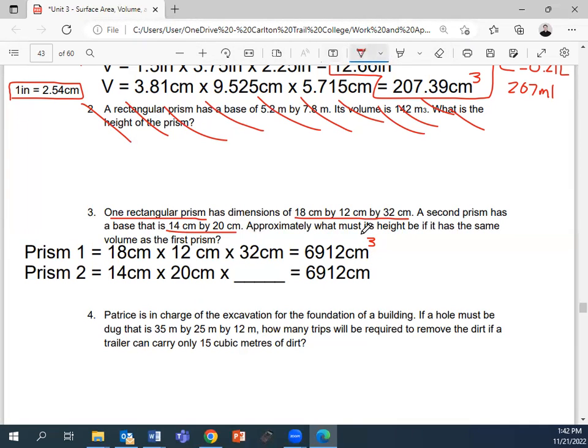So we could use algebra to figure this out, or we could just think about this. So here we go. If I know that it has the same volume, remember, volume is just the base times the height. I'm just going to divide this by the base.